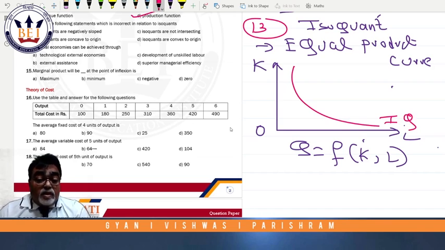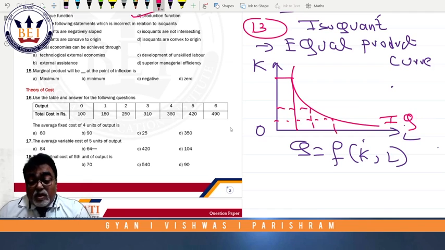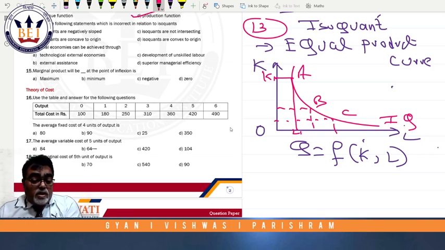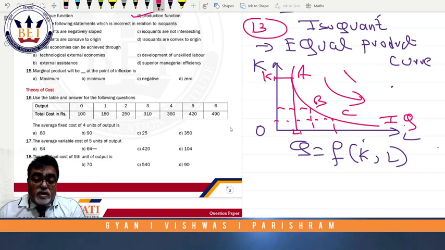What does it mean? Careful. Even if your combinations of capital and labor are changing, total output remains the same. Either you are engaging labor intensive technology, you want to move this way, or you are engaging capital intensive technology, you want to move this way.